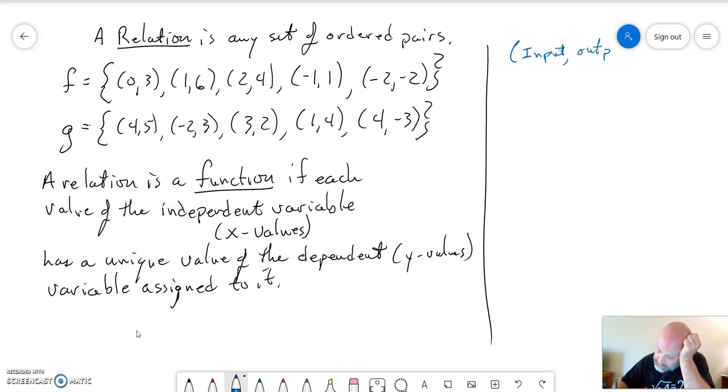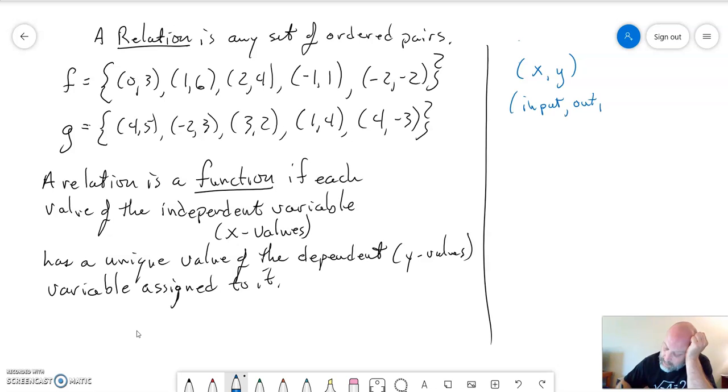A coordinate, normally we think of it in terms of an xy coordinate, but really this is an input and an output, right? And when we talk about evaluating functions, because we have actually dealt with functions before, you take f of the input and that gives you the output.